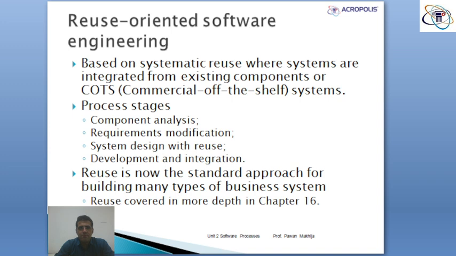So we have reuse oriented software engineering, where some COTS libraries, that is commercial off the shelf systems, are available. These libraries have existing components that can help in new software systems.